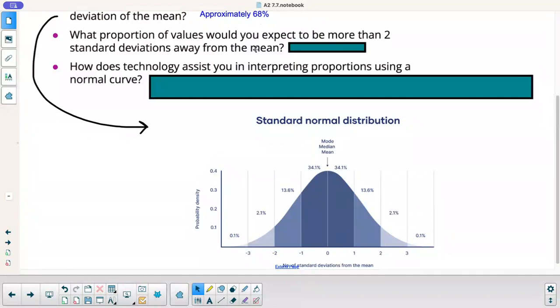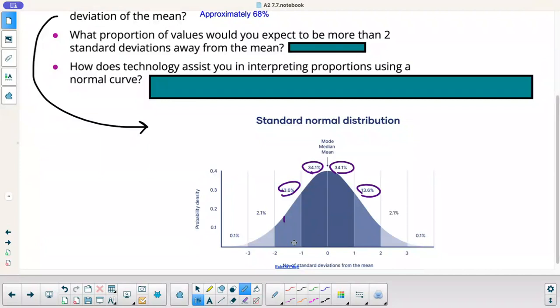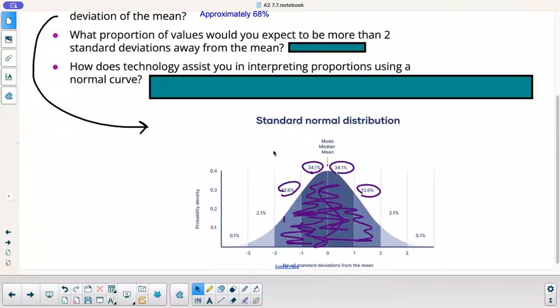All right, what proportion of values would you expect to be more than two standard deviations away? It would be like adding these percents within two standard deviations, this whole area from here to there. Oh, more than two.